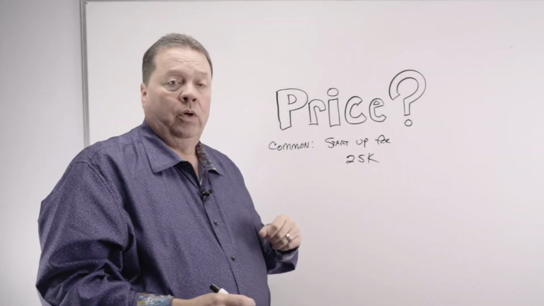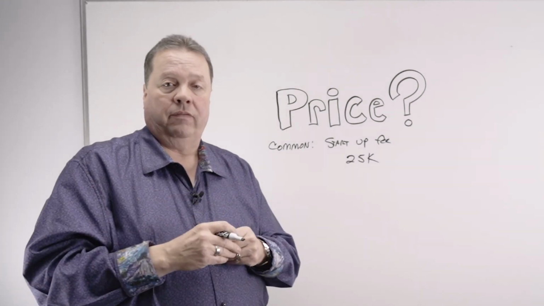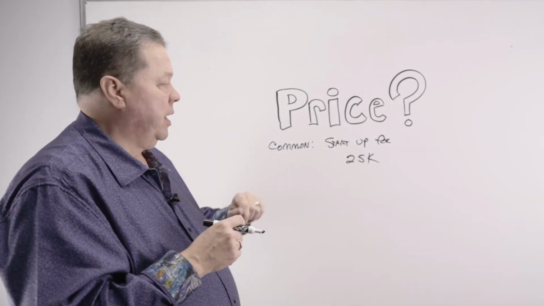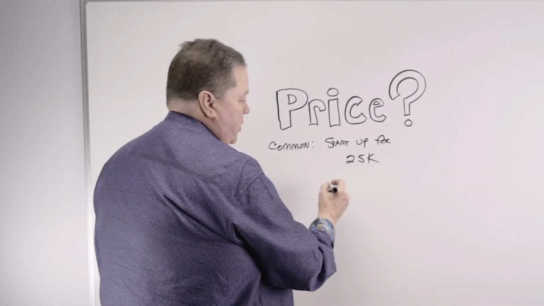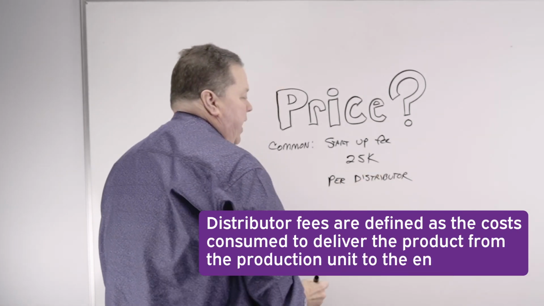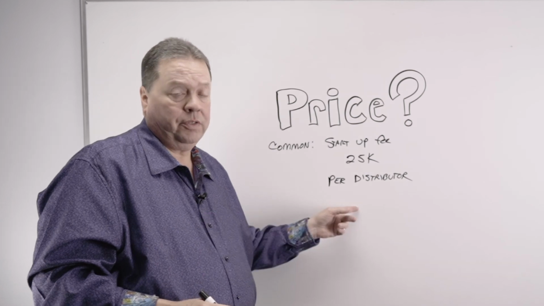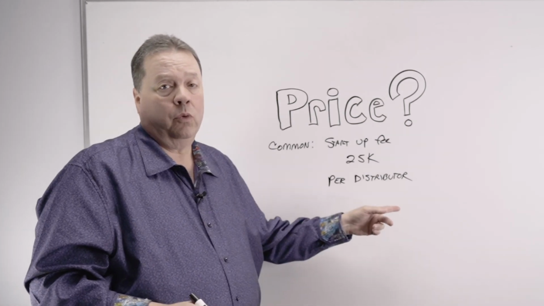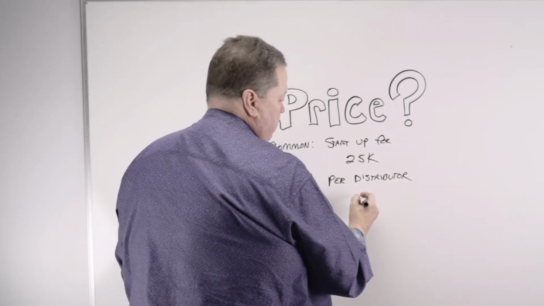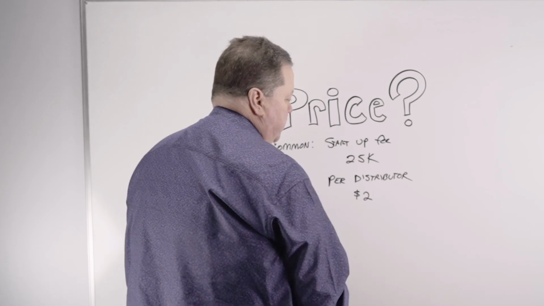Now you think that's a one-time cost, true, and that's all I have to pay ever. Well, that's not quite correct. This particular pricing model also includes a per distributor fee, and that can range anywhere from $1 per distributor to $3 to $4 per distributor. So let's go with a median price of say $2 per distributor.